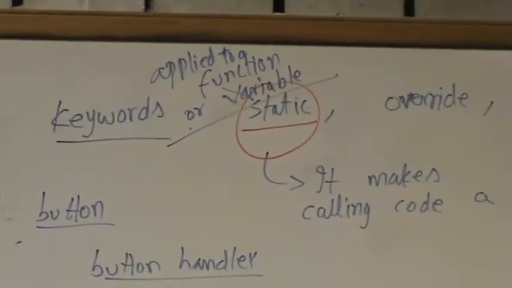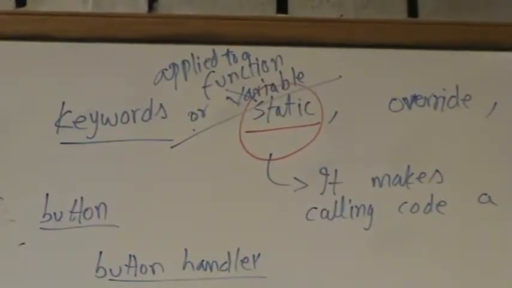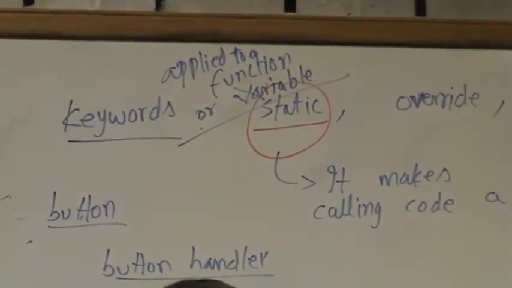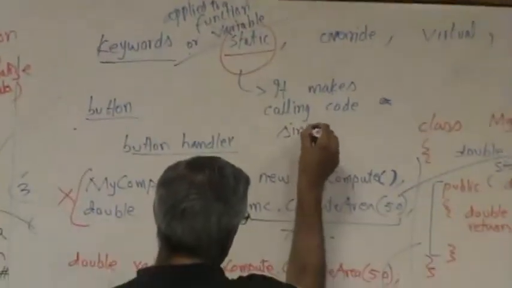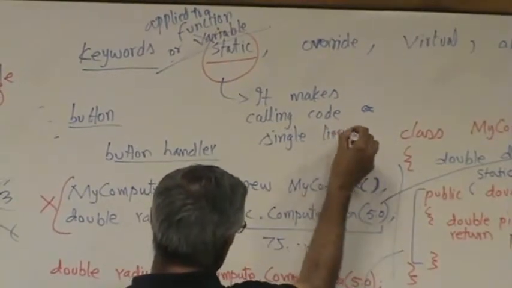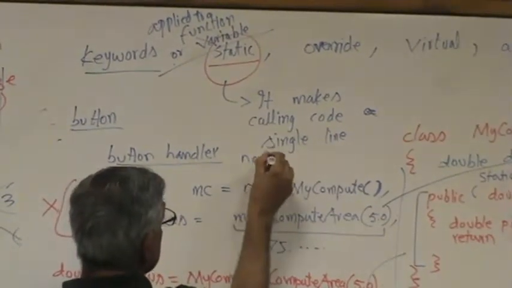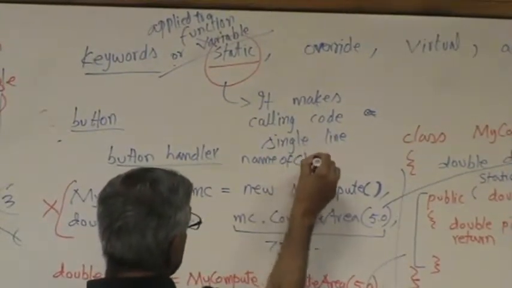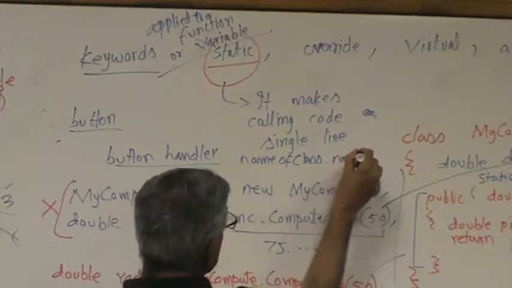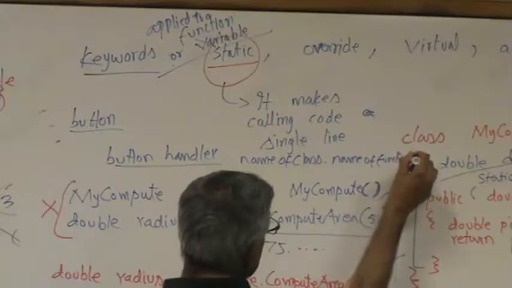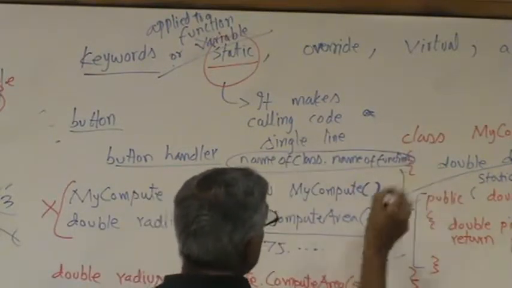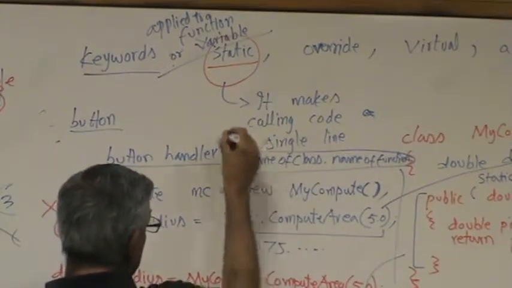So anyway, if you mark the function as static, it makes the calling code basically single line. And once again, it will go as name of class dot name of function. So that's the syntax for a static function.